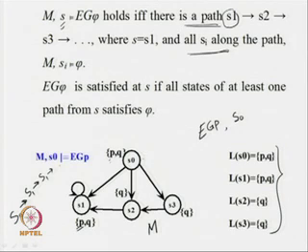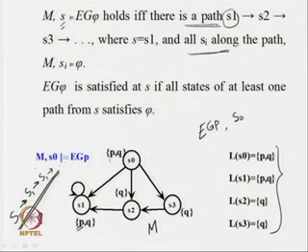Similarly, if we go for the path S0, S3, S2, S1, then in states S3 and S2 P is not true. That means, in these two paths P is not globally true, but at least we have got one path, S0 to S1 and S1 to S1, where in all the states P is true. That means, we can say that in this particular state S0 the formula EG P is true.